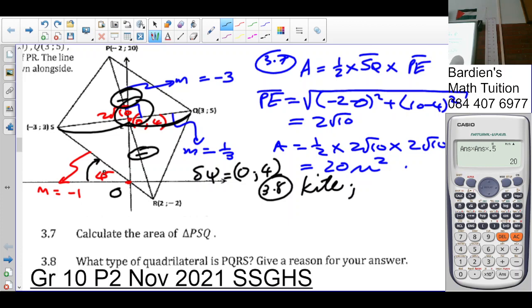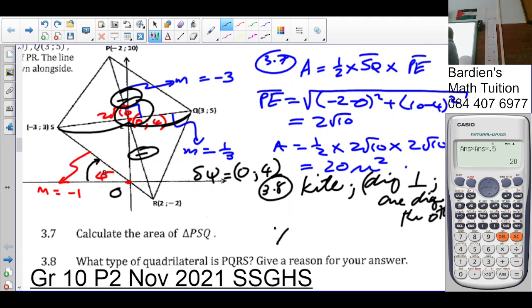Okay? And what are the properties of a kite? Diagonals? Perpendicular, yes, and what else? And one diagonal bisects the other.